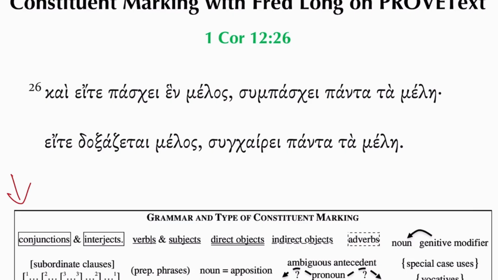So we have a kai, which is a connector. Put a box around that. Then eite, which is a combination of two connectors, an ei, which is a conditional marker, and a te, which is a connector that marks plus similarity. It can be used in lists.